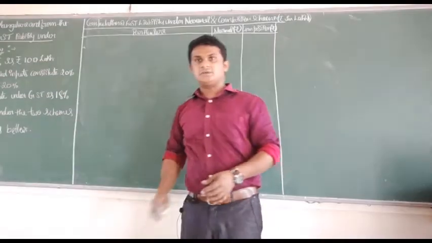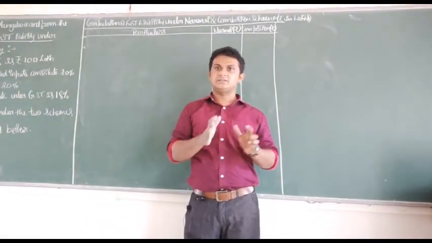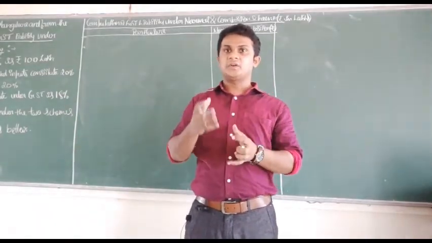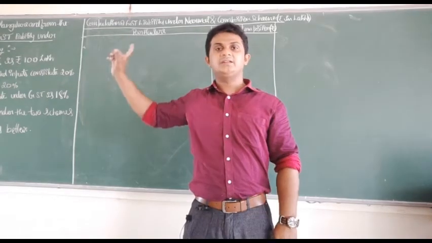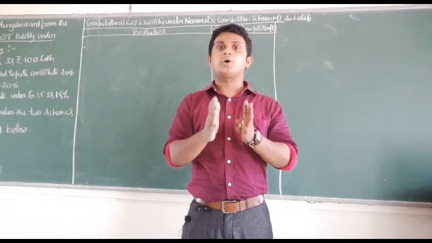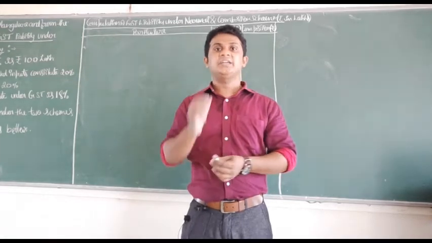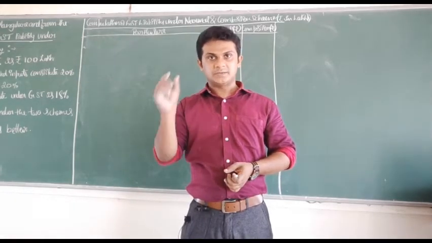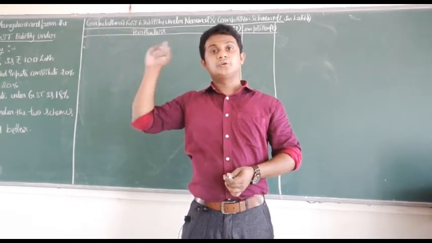Okay, so next what we have to do is, as I said, Rohit is purchasing goods or taking service from his supplier. So we have to calculate the invoice value charged by his supplier. In the question they have given the total value of inputs, and that is the cost of the input. To the cost we have to add GST to arrive at the invoice value of supply or invoice value of input charged by Rohit's supplier.